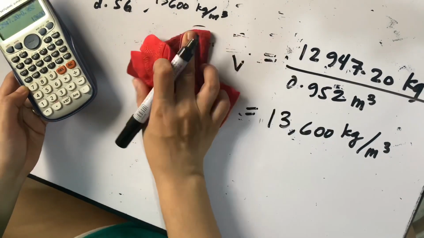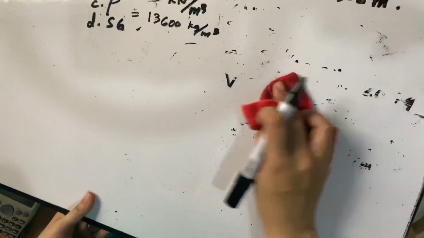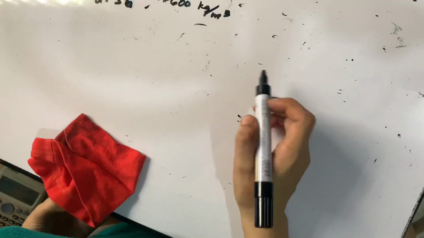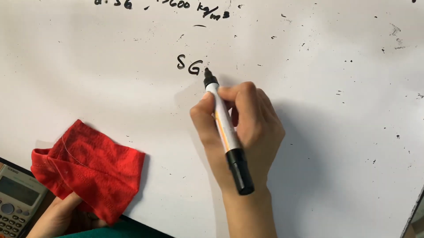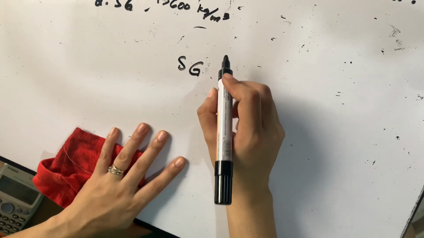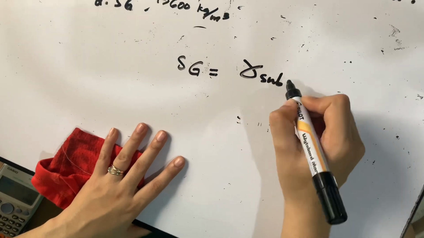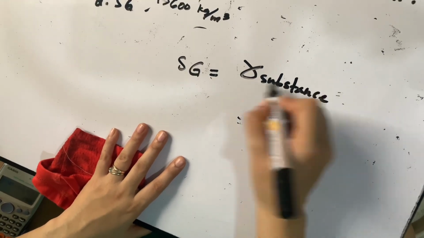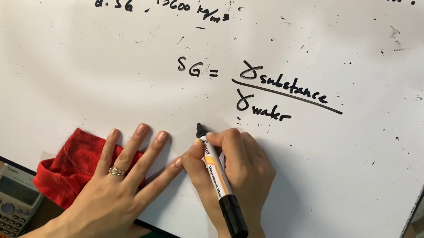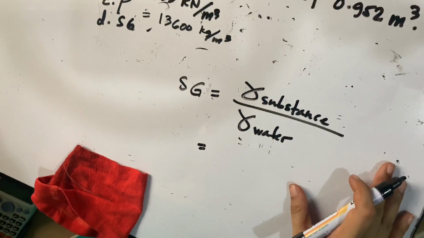And lastly, we have to find the specific gravity. Specific gravity is the specific weight of the substance over the specific weight of the water. What is the specific weight of the substance?